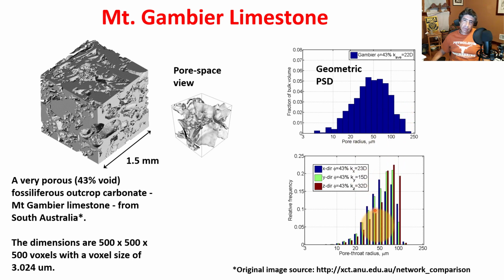If you look at the throat size distribution here, it's obviously a biased distribution because one of the tails is longer than the other one. And that could be represented as the sum of two Gaussians or log normal distributions.